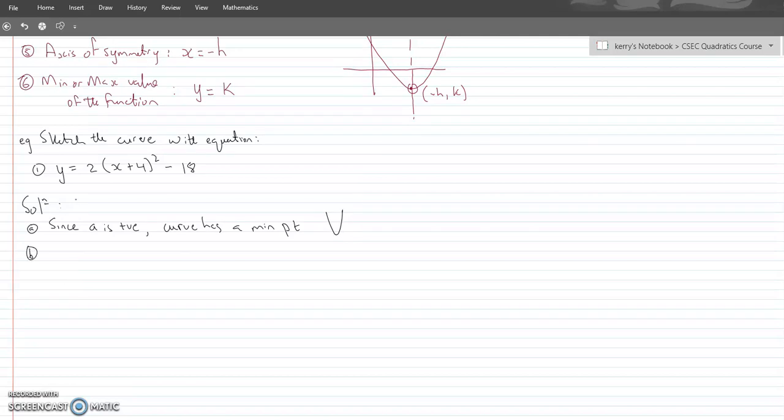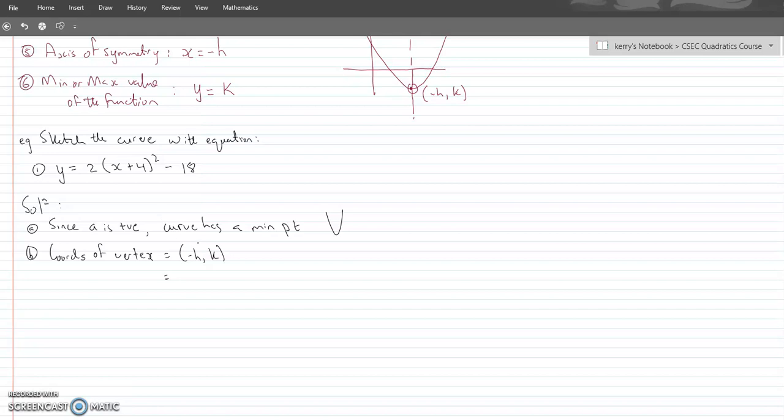Part B. Now that we know what type of vertex it has, let's find the coordinates of the vertex. From the list that we have up here, the formula is minus h, k. I did this in the last session, so feel free to check it out. Whatever h is, you do the opposite of the sign.